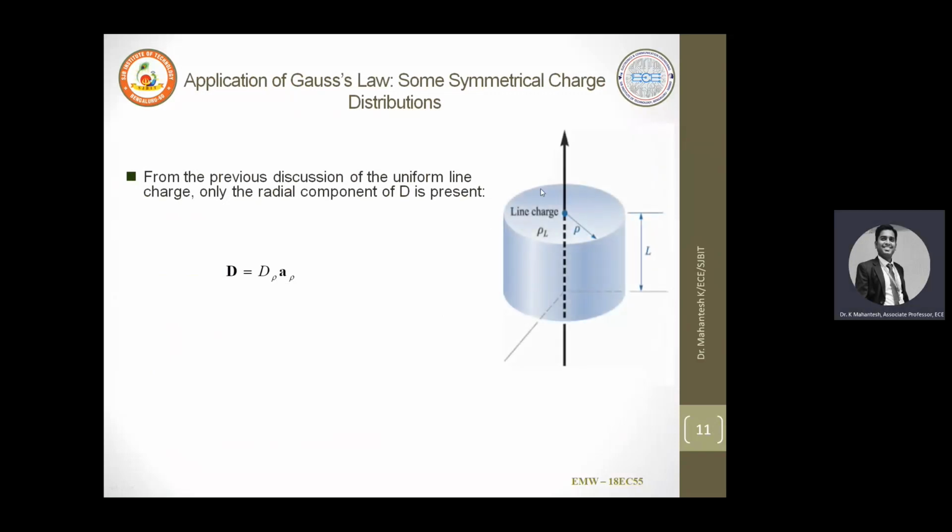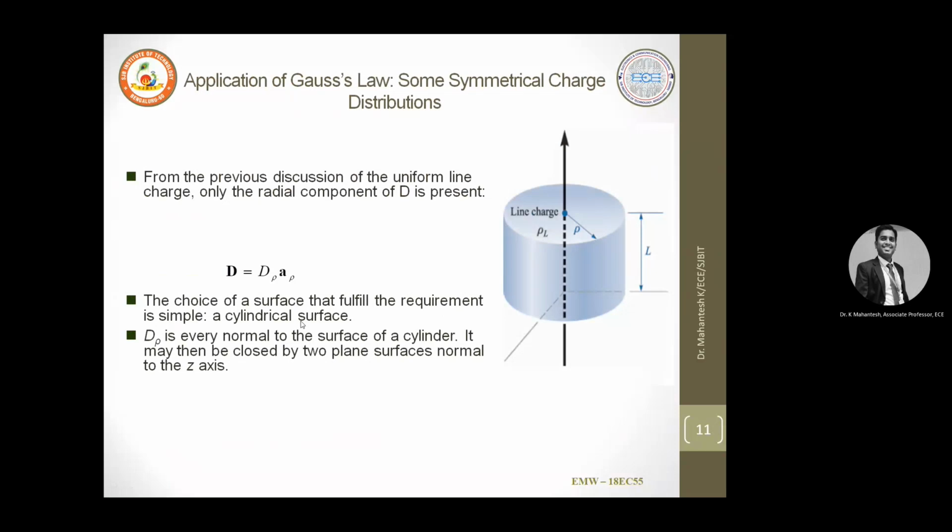So we have assumed a cylindrical Gaussian surface of length L, of radius rho, and line charge density rho L. The choice of surface depends upon which fulfills the two conditions, and we have selected a cylindrical surface. So D rho is normal to the surface of the cylinder in the direction a rho. It may then be closed by two plane surfaces normal to the z-axis.